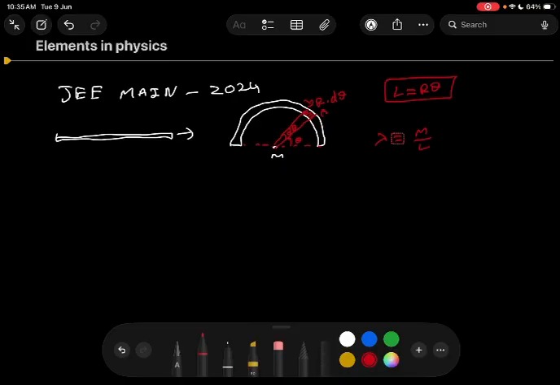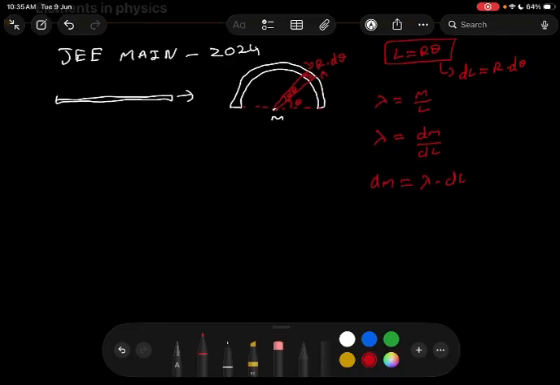Here we are taking that small mass and integrating it to get the force that we require for this entire system. So lambda is equal to dm by dl, and dm is equal to lambda into dl. What is dl? dl is nothing but r d theta, as theta is the variable. So dm is basically lambda r d theta.